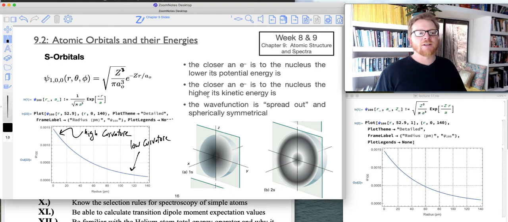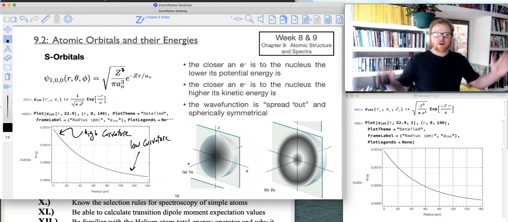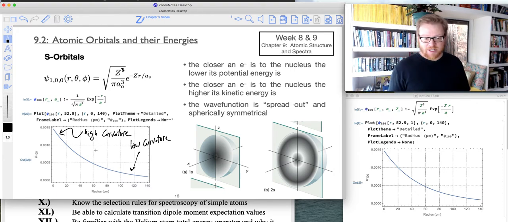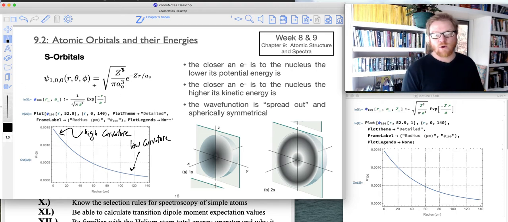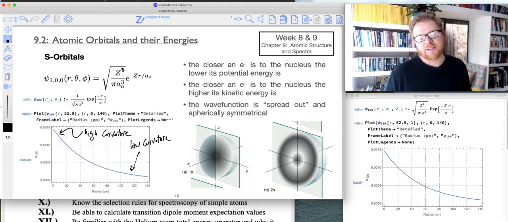Okay, and our s orbital wave function is spread out, so it's smeared out, just like you can see with this exponential decay, right? And it's spherically symmetrical. So this is just looking at the radial component. I know I've plotted the whole psi 100, but on this type of graph, it's only going to show us the radial component.